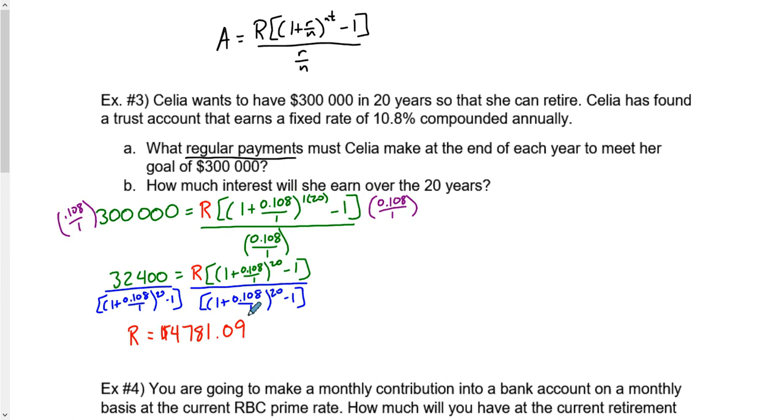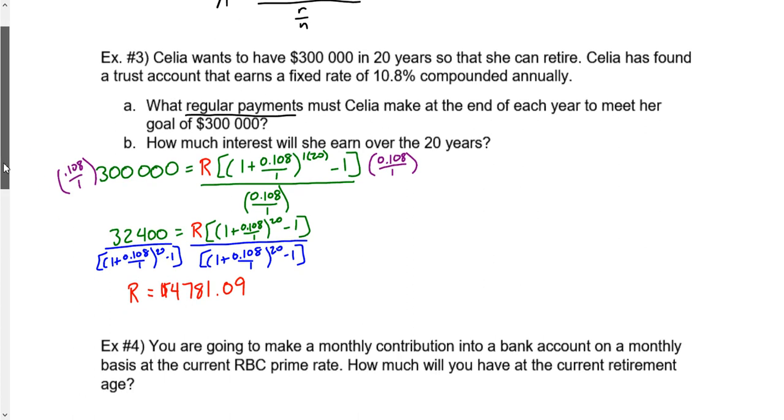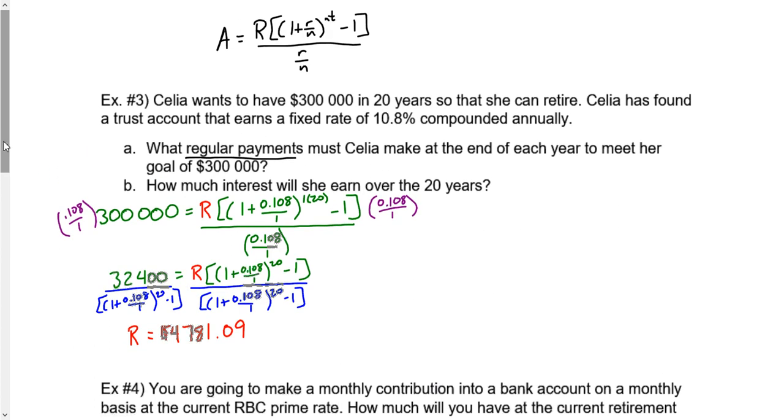So if she wanted to have $300,000 and she was able to find a 10.8% account in 20 years, all that she'd have to do is put away about $4,800 every single year. With a good job, that is absolutely attainable.